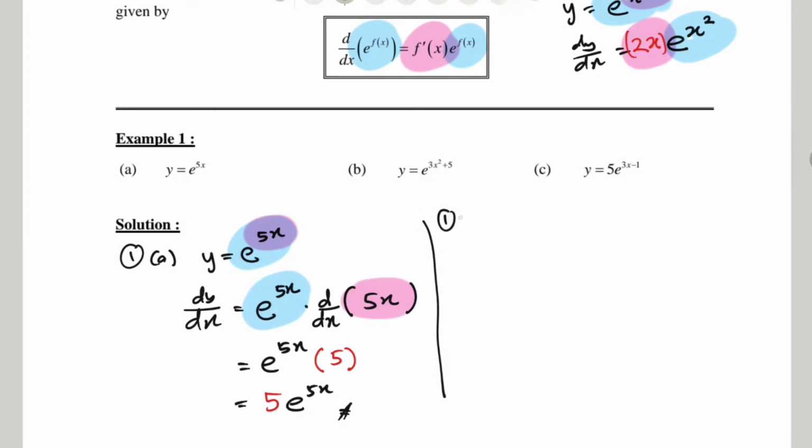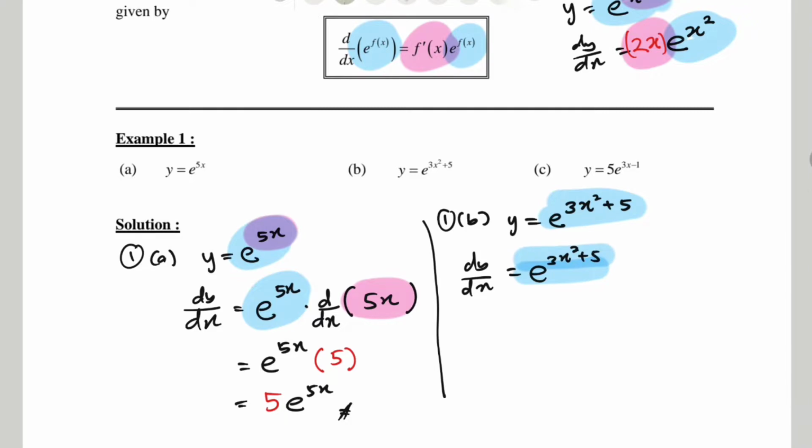Let's look at question example 1b. Y is equal to e to the power of 3x squared plus 5. To find the derivative of this function, remember, we have to copy the function with the exponential and the power exactly as it is, write them down.